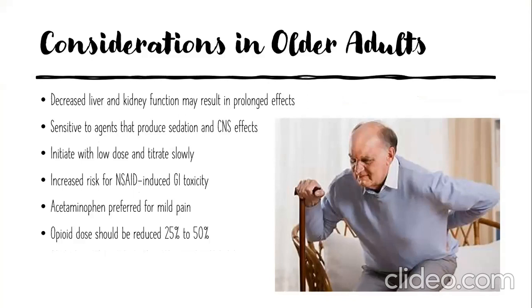So the effects are going to linger. If you're medicating an older adult the same as you would a younger adult, you're probably going to see that when you come back and give them the second dose 4 hours later, it's going to have some effects on them.